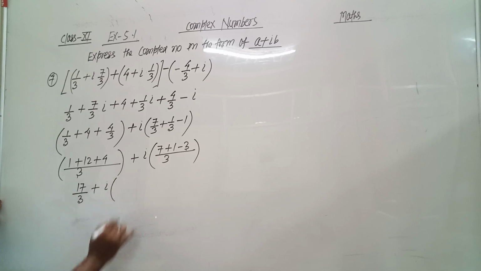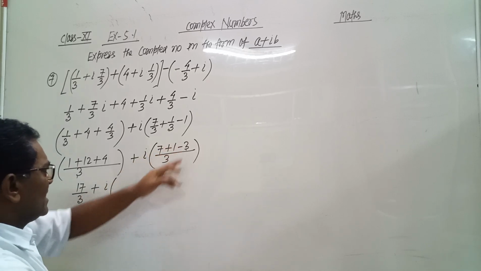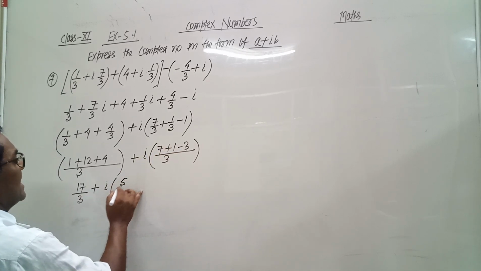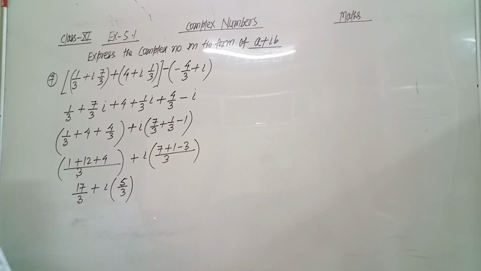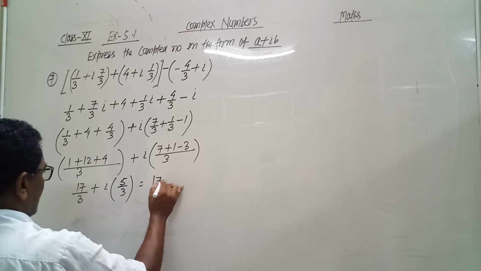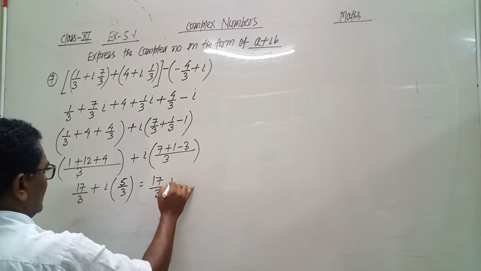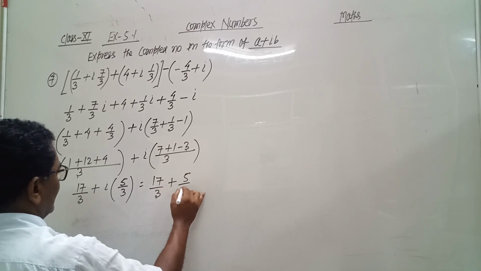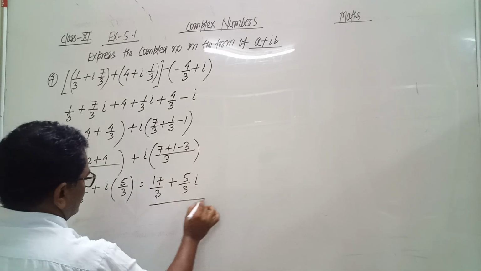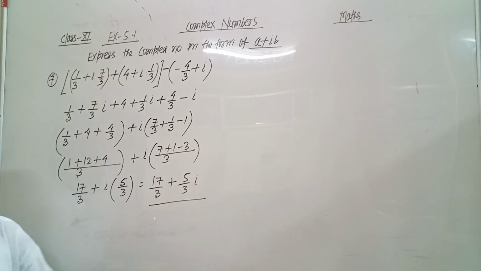And 7 plus 1 is 8, 8 minus 3 is 5 by 3. So we can write 17 by 3 plus 5 by 3 i. So this has been expressed in the form of a plus ib, where a, the real part, is 17 by 3 and b, the imaginary part, is 5 by 3.